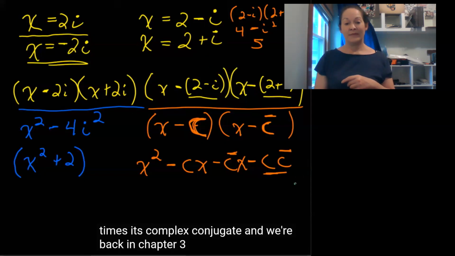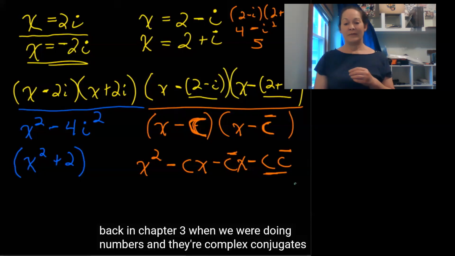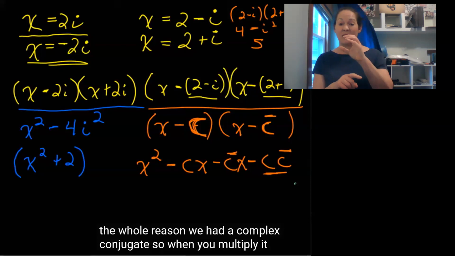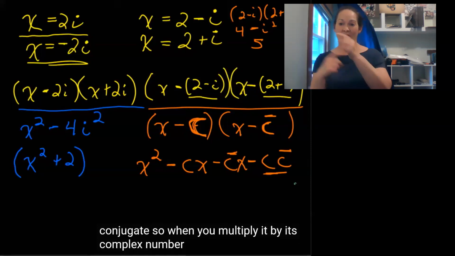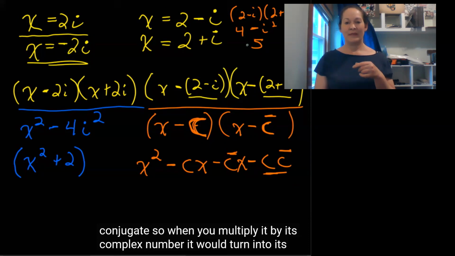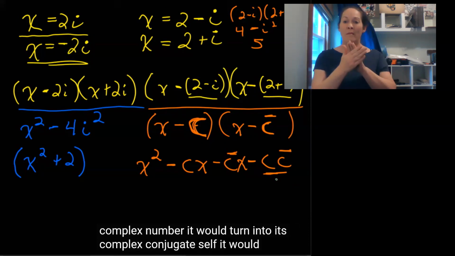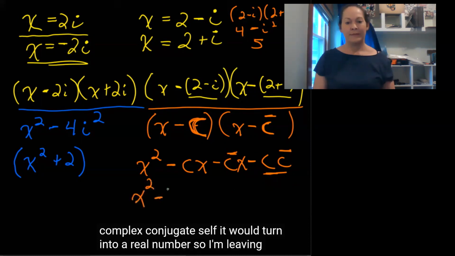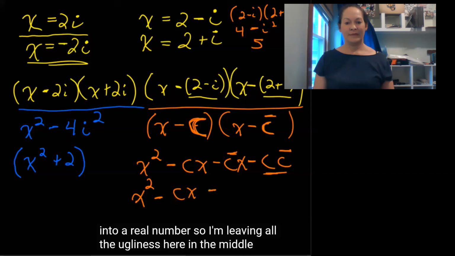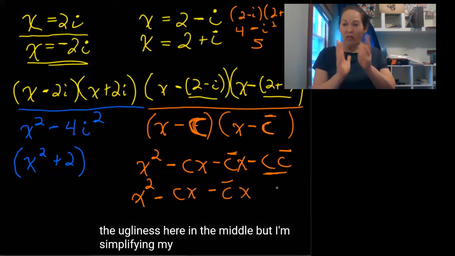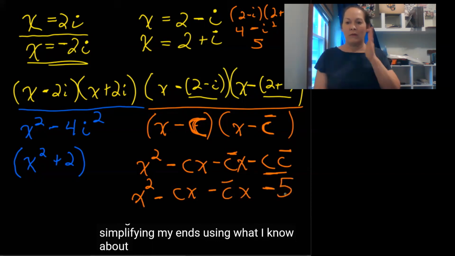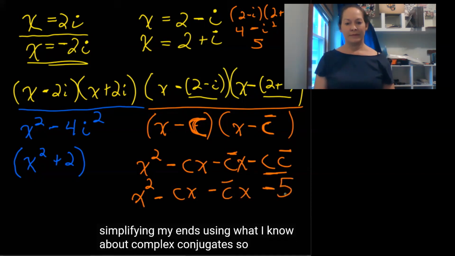Remember back in chapter 3 when we were doing numbers and their complex conjugates, the whole reason we had a complex conjugate is when you multiplied a complex number by its complex conjugate, it would turn into a real number. So I'm leaving all the ugliness here in the middle, but I'm simplifying my ends using what I know about complex conjugates.